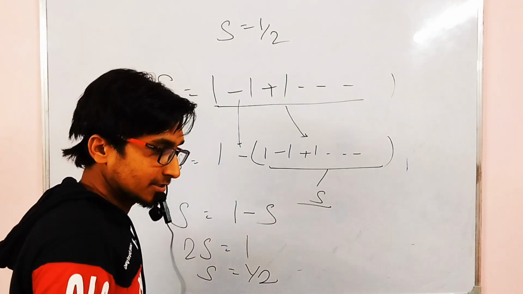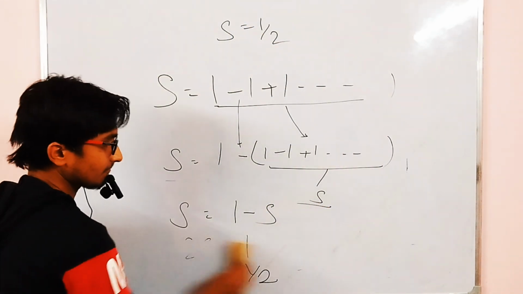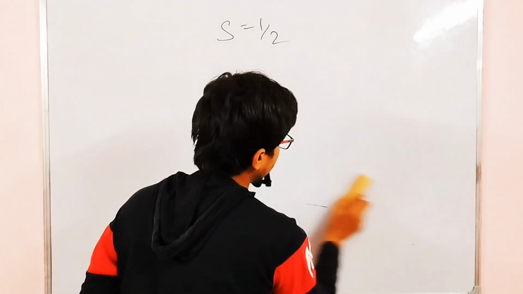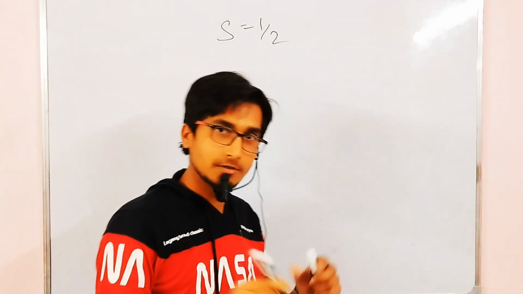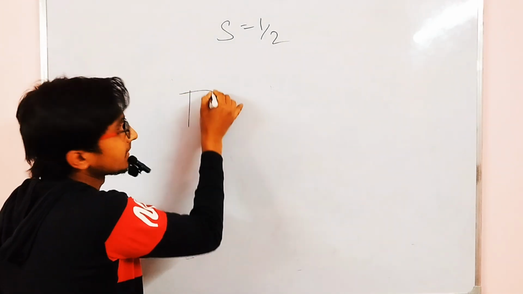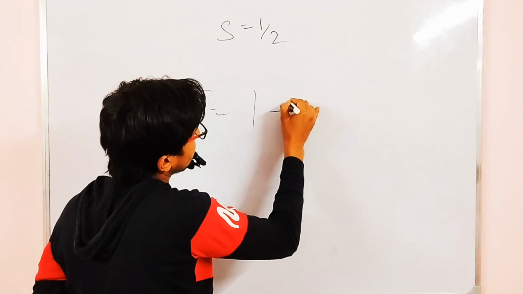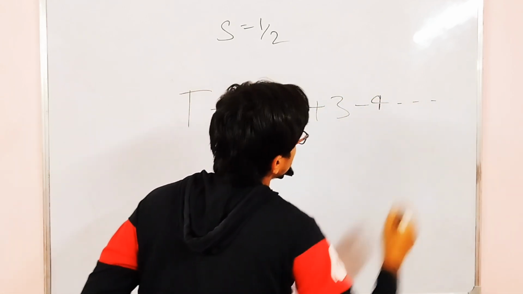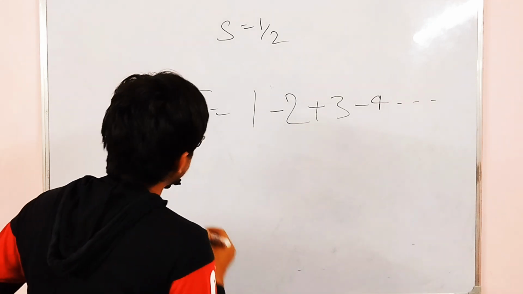Now we'll work on another series. T is equal to 1 minus 2 plus 3 minus 4 and so on. He said to take 2T.